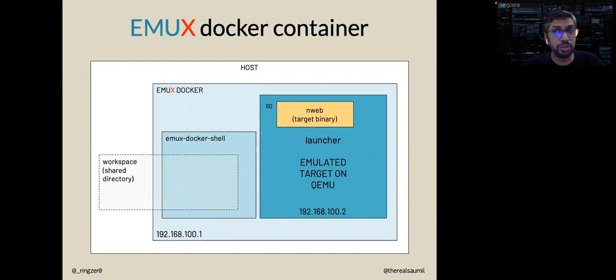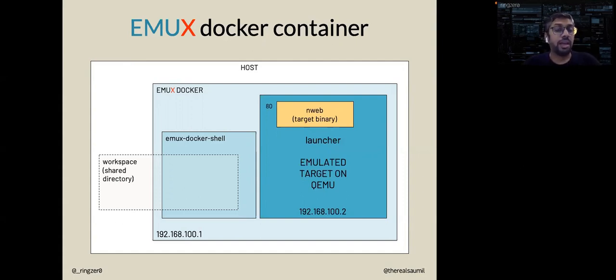So if you wish to use your fancy editors like Visual Studio Code, and you want to edit files, simply make sure all the files are in the workspace directory. You work upon them, then these will be instantly accessible from within the EMUX Docker shell. If you wish to use Vim within the Docker container, just like me, you like pain and suffering, then go for it as well.